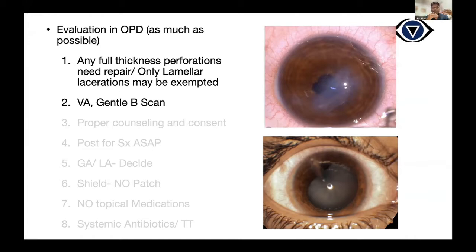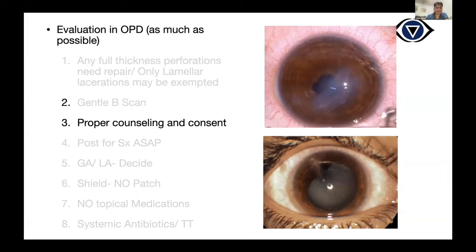You need to spend some time with the patient and with the relatives. Sometimes in your OPD, there will be 9 or 10 people with one patient because of trauma. You need to get a feel for how these people are, whether they will follow up, and document it nicely. A gentle B scan can show if there is any foreign body inside, so that you can explain the prognosis.